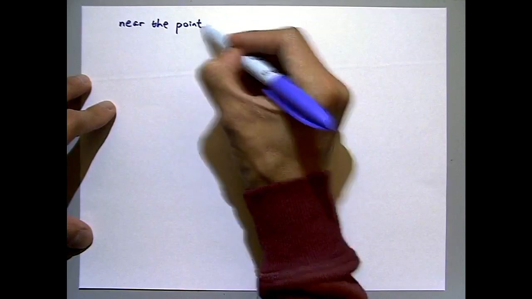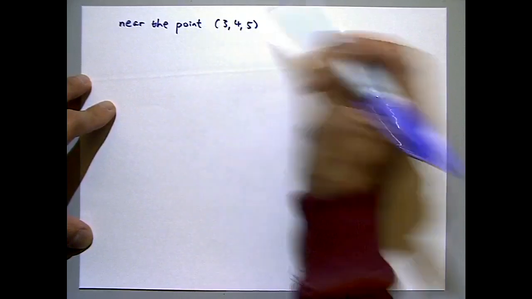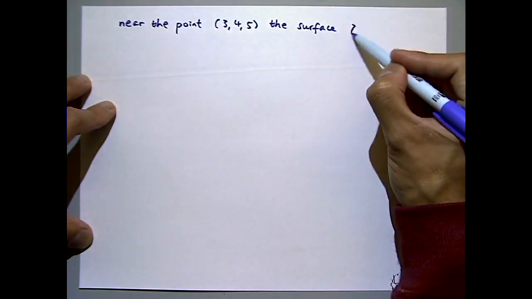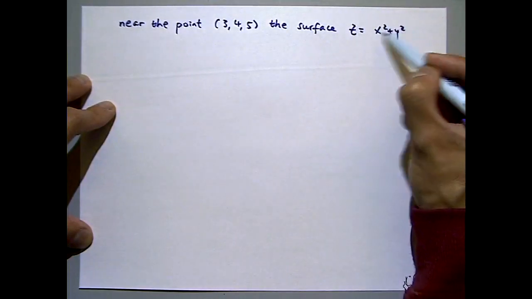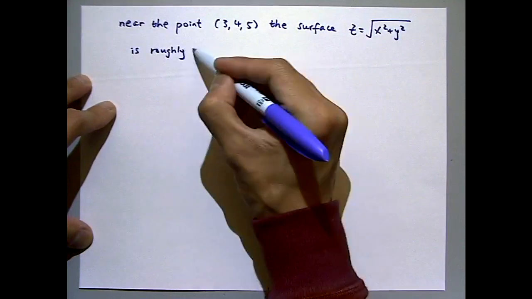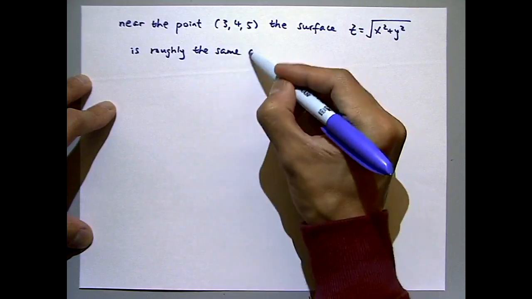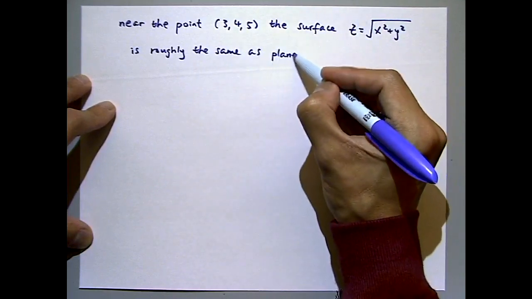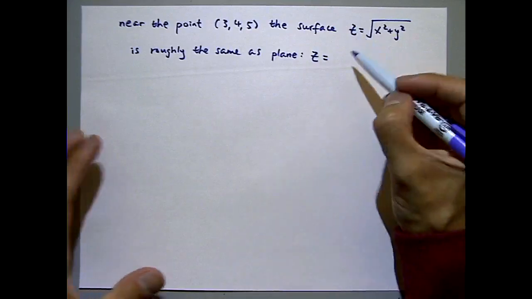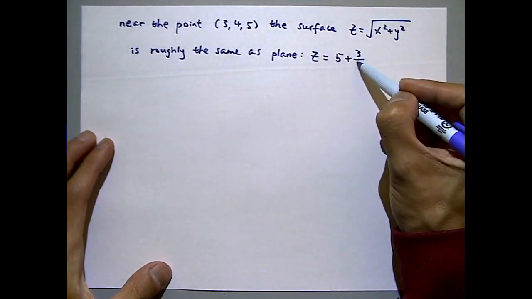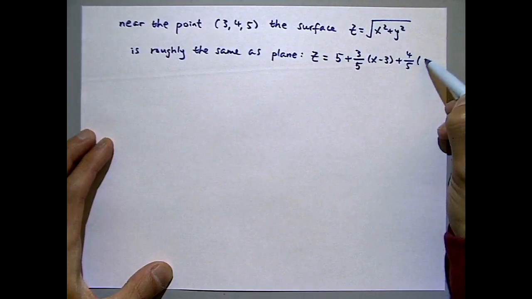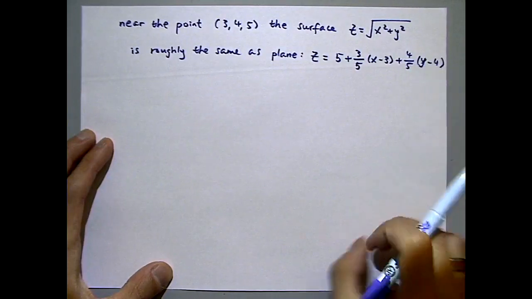Near the point 3, 4, 5, the surface z is equal to the radical of x squared plus y squared is roughly the same as the plane, which, if I just isolate z, I get z is equal to 5 plus 3 over 5 times x minus 3 plus 4 over 5 times y minus 4.